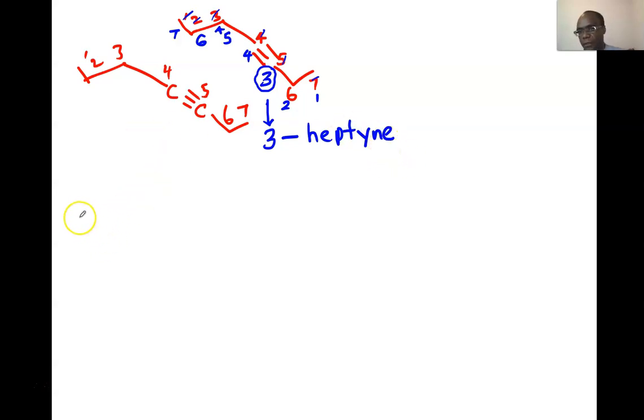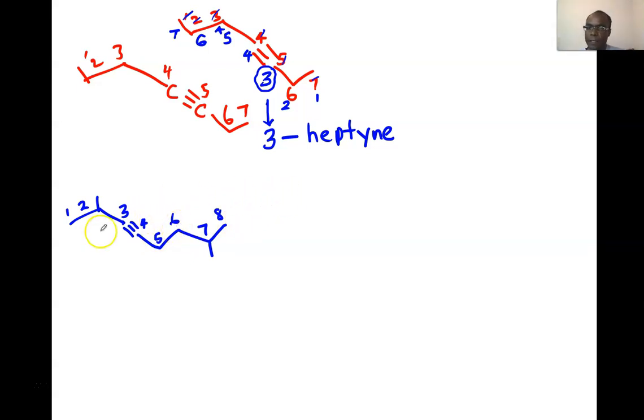So what if you're given this molecule? What will be the name of this molecule? Again, you prioritize the position of the triple bond, so the correct numbering will be from the left. There's a carbon in here and in here, 4, 5, 6, 7, 8.